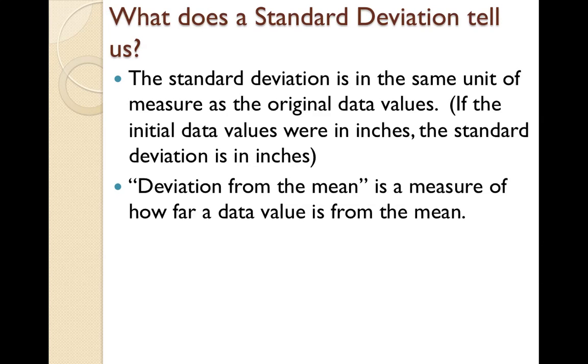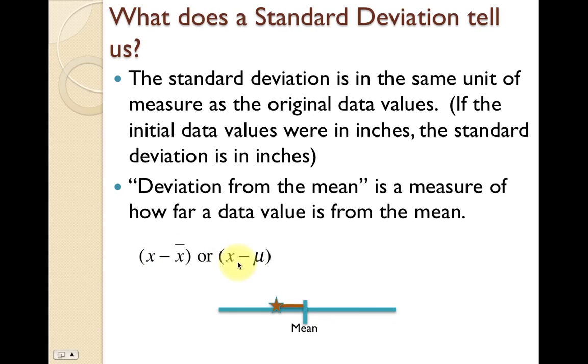Deviation from the mean is a measure of how far a data value is from the mean. If I take a data value x and subtract the sample mean or the population mean, I get a difference that indicates how far that data value lies from the mean.